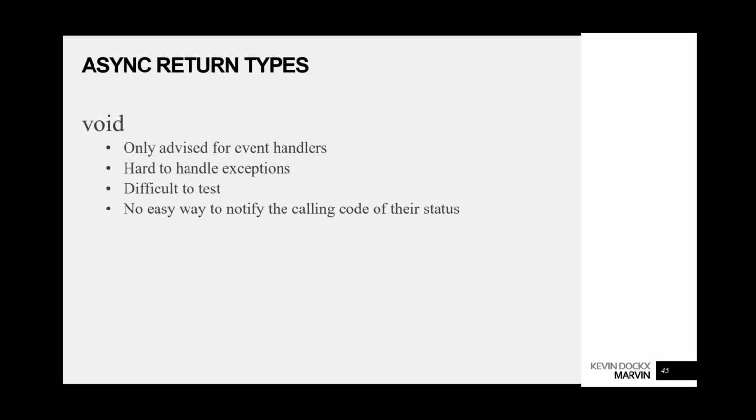There are a few reasons for that, but let's just say that this is something you would use if you're building a client-side application, not something that executes on a server. So if you're building a Xamarin app, or you're building a UWP app or something like that, you will often use void as a return type for an async method, an async event handler.